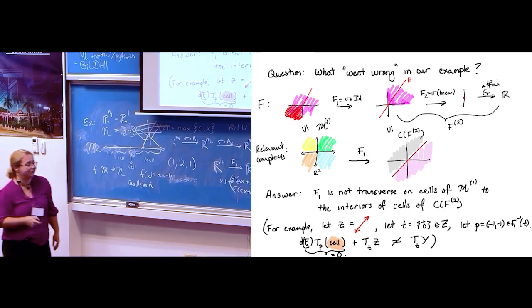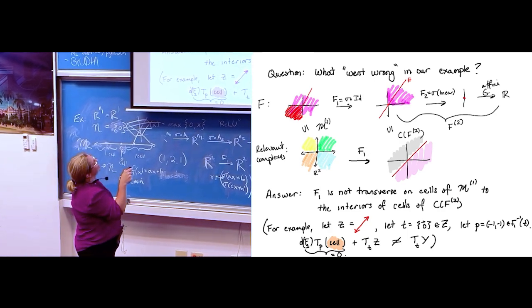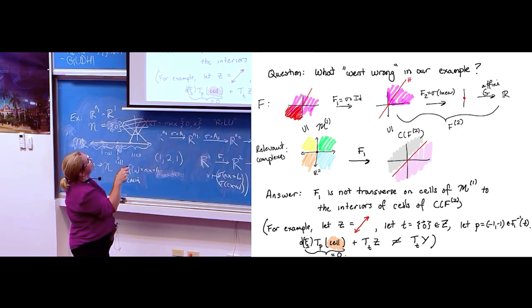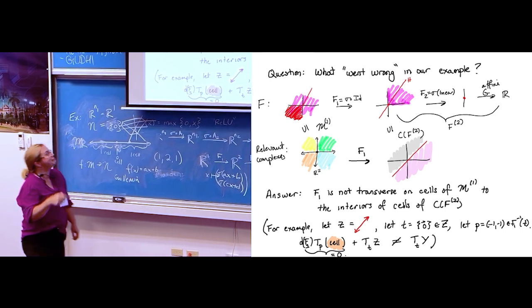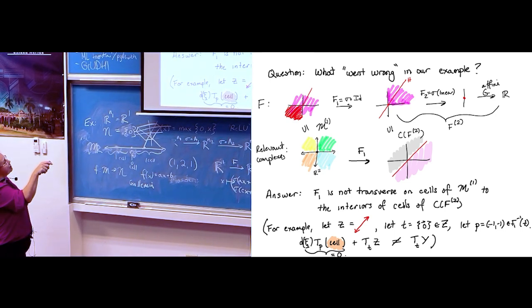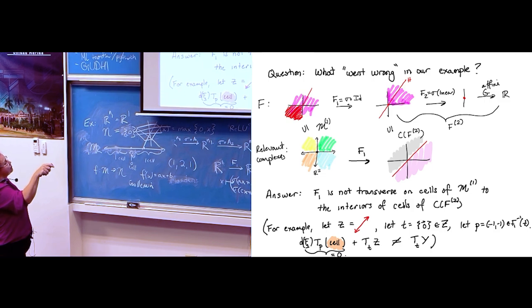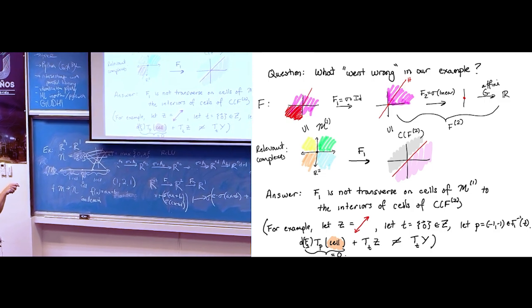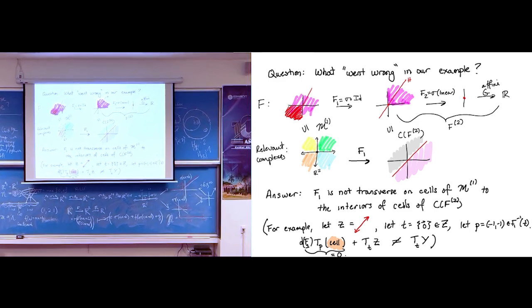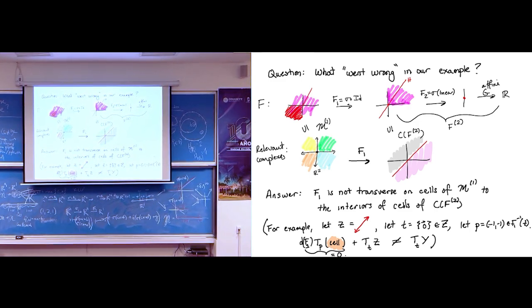Okay, so that's the long lead up to the question: what, quote unquote, went wrong in our example? This was our example. I just copied it. We had R^2 to R^2. You do the plane, the identity map. It gets sent to just the positive orthant, and then you have this hyperplane, and you try to pull it back.